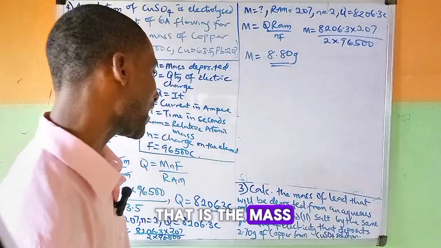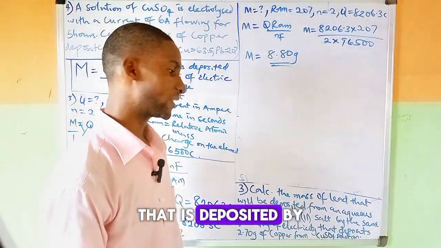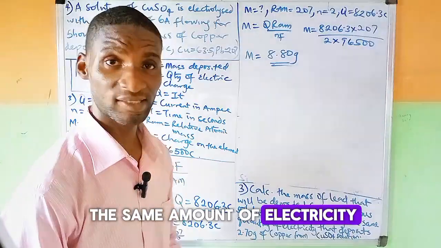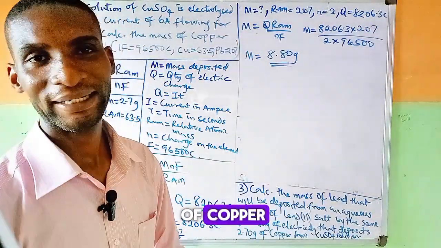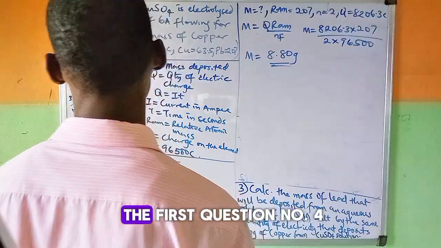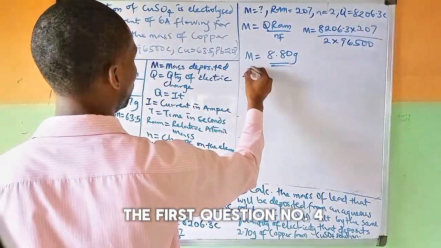So that is the mass of lead that is deposited by the same amount of electricity that deposited 2.7 grams of copper.